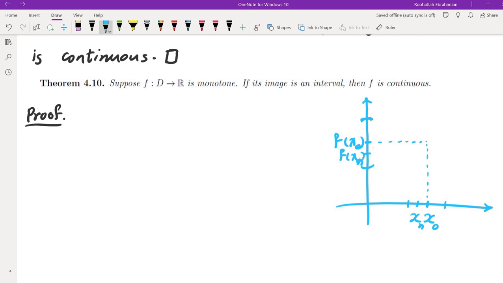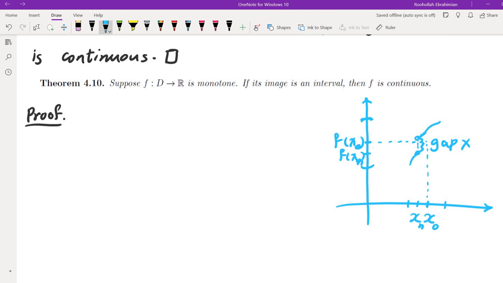Because if you were to have a jump at some point, then there would be a gap here, and this gap is not okay, because if you have a gap, then the image cannot be an interval. That's the idea, intuitively, that's why.